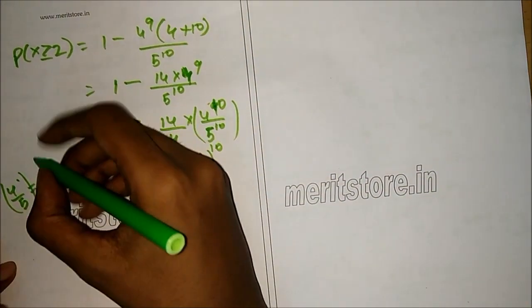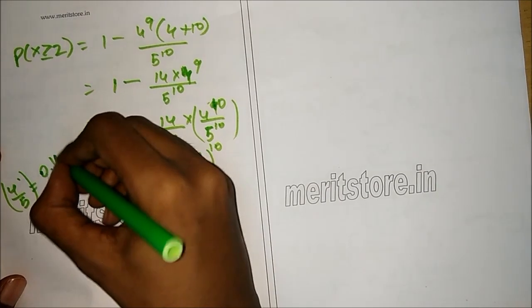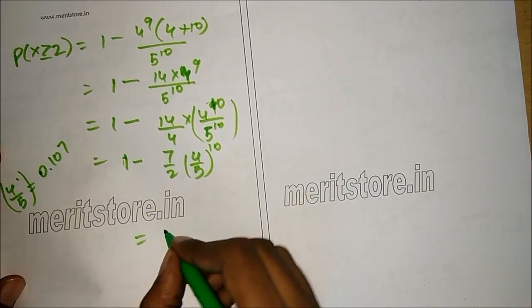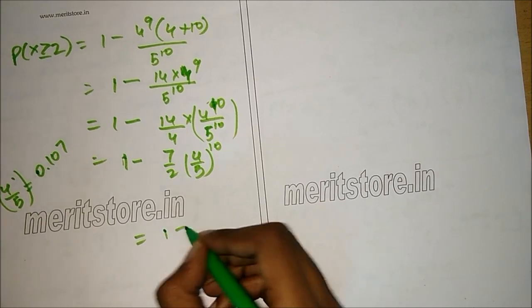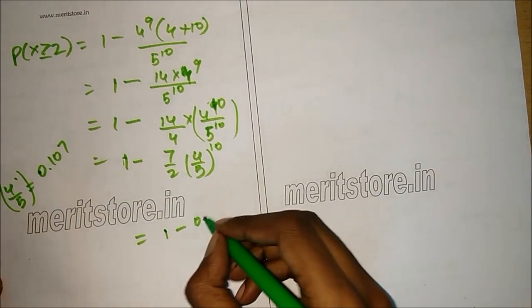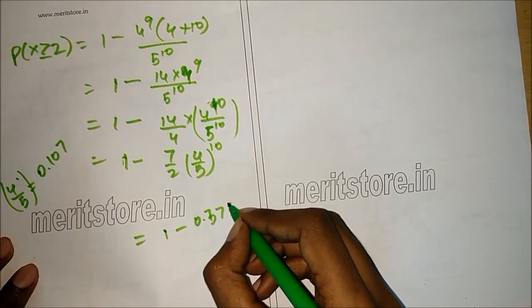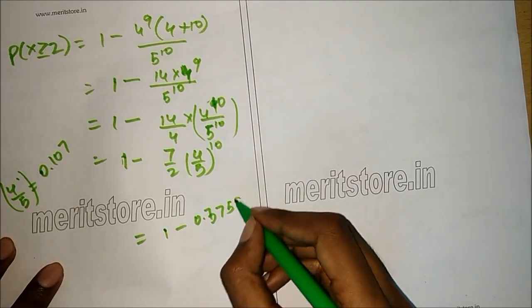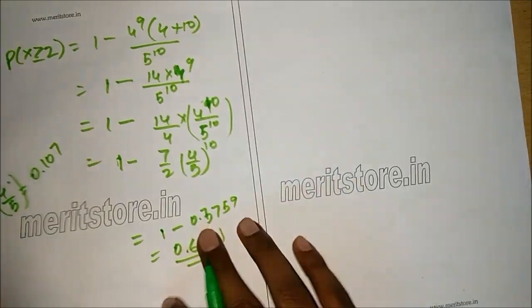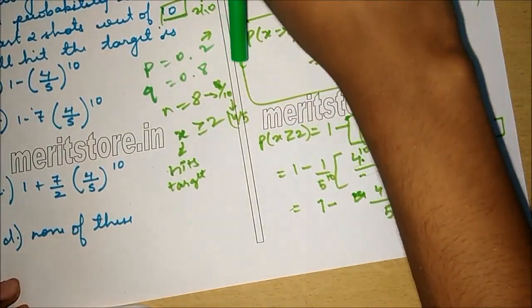We are given that 4 by 5 raised to 10 will be 0.107. So multiplying this with 7 by 2, we'll be getting 1 minus 0.375 approx. So this will be 0.6241.